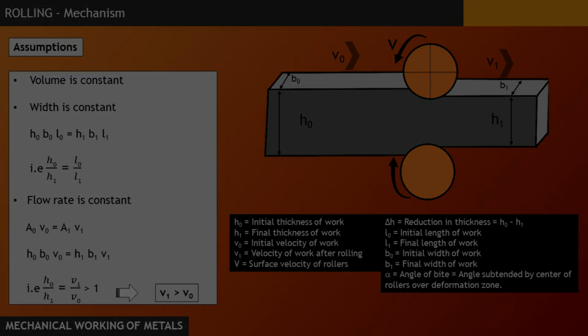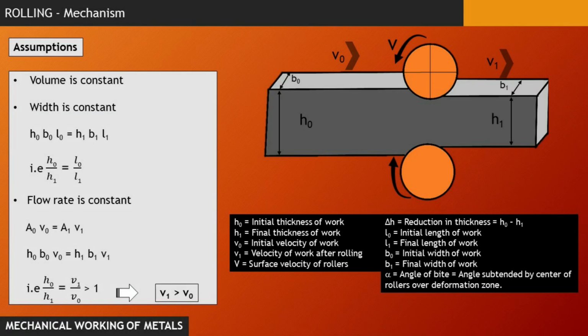Now, there are certain assumptions in understanding the rolling mechanism. First, the volume of the work material remains constant. These are the ideal conditions.